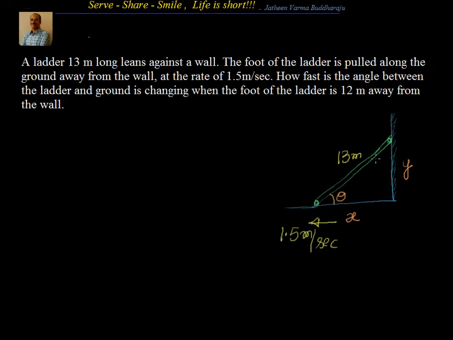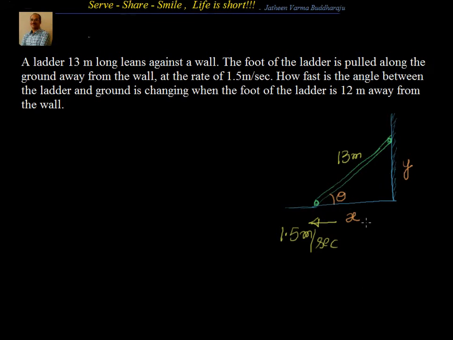So simply, there is a ladder and the foot of the ladder is pulled in this direction. When you are pulling it, actually the y decreases and also the theta will change. You know that theta will become less because sin theta is y by 13, and if y is becoming less, automatically the theta also will become less.